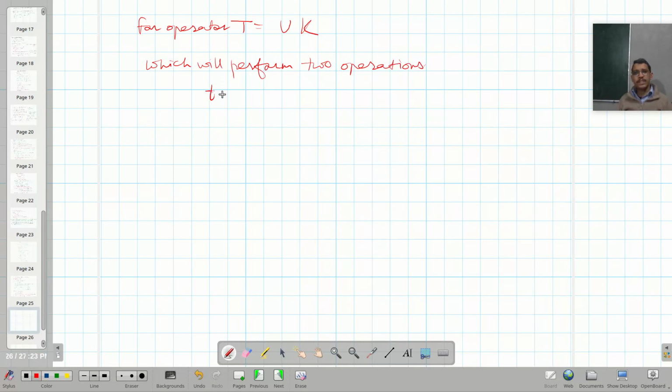First is t to minus t and iota to minus iota, and the effect of this is that this will leave the system unchanged.